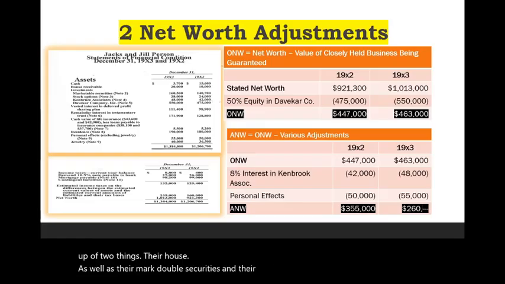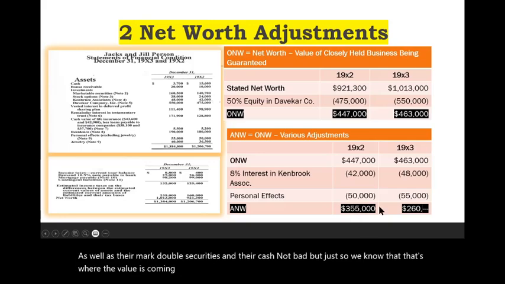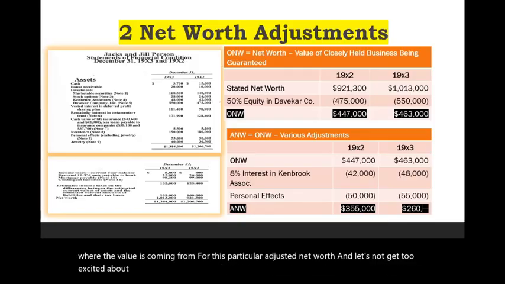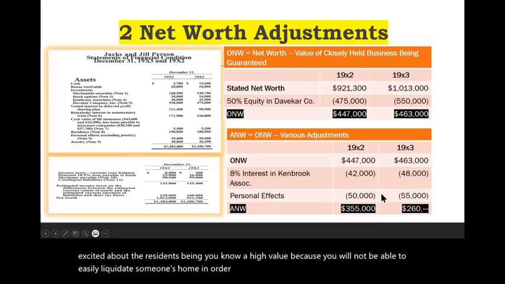Not bad, but just so we know that that's where the value is coming from for this adjusted net worth. And let's not get too excited about the residence being a high value, because you will not be able to easily liquidate someone's home in order to pay off a debt.